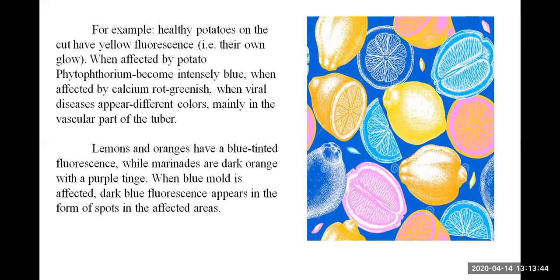Lemons and oranges have a blue tinted fluorescence, while marinades are dark orange with a purple tint. When affected by blue mold, dark blue fluorescence appears in front of spots in the affected areas.